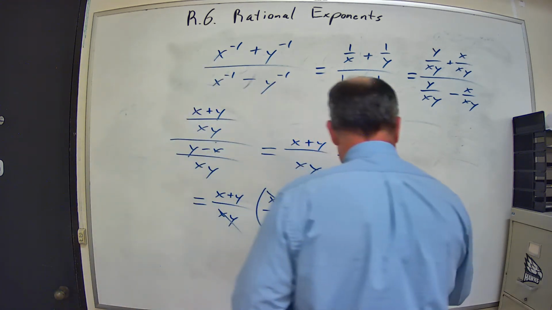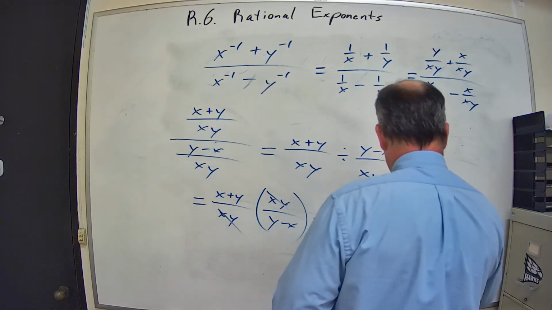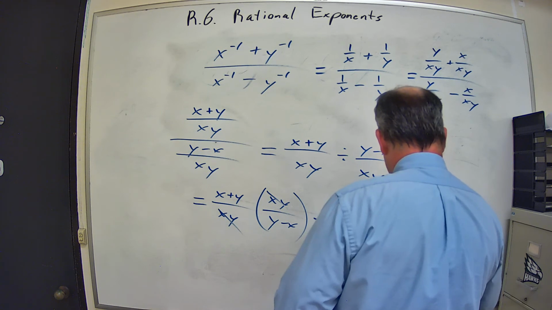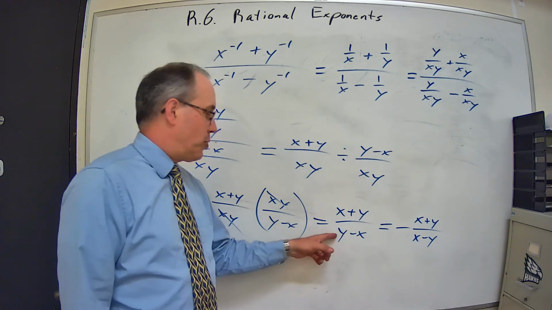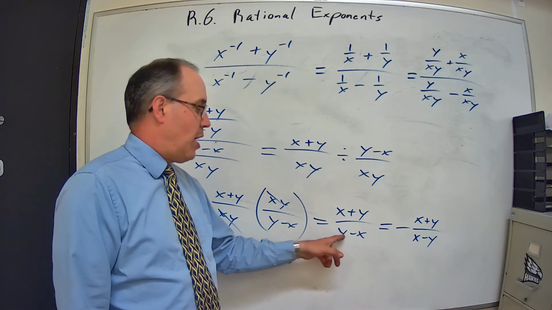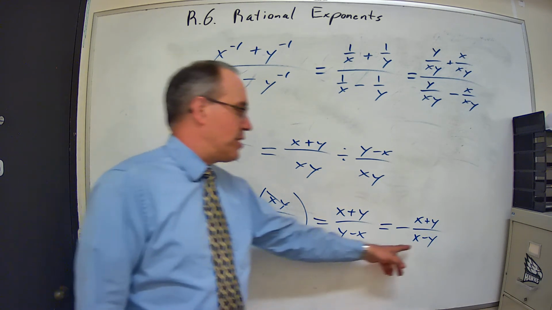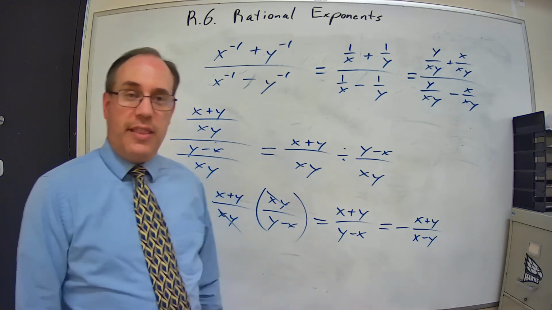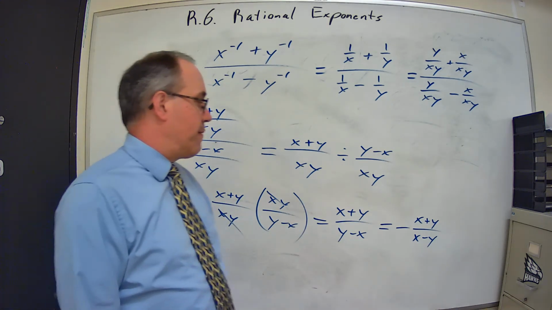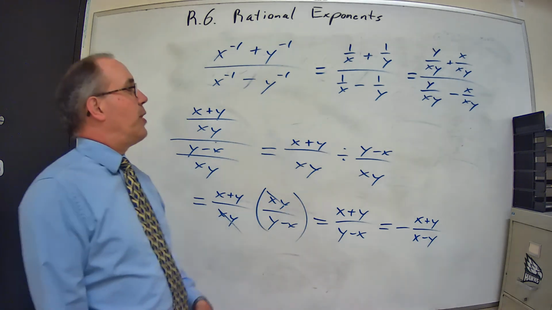So we can say that's equal to negative x plus y over x minus y. Because if we multiply through by negative 1, we get negative y plus x, so x minus y, and we can multiply the whole thing by negative 1, which is the same as multiplying by 1. So we can work our way through it.